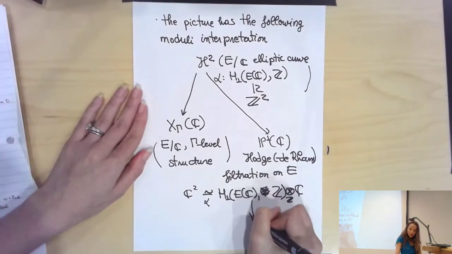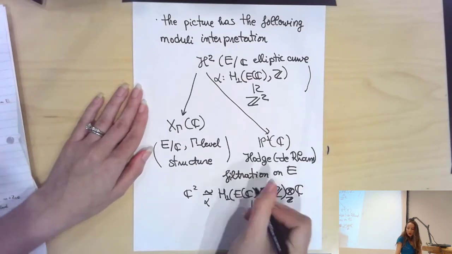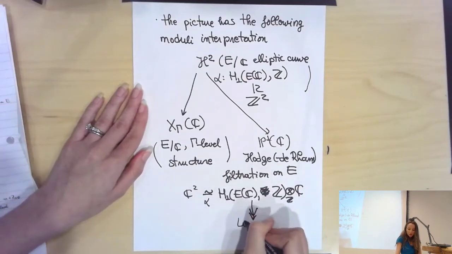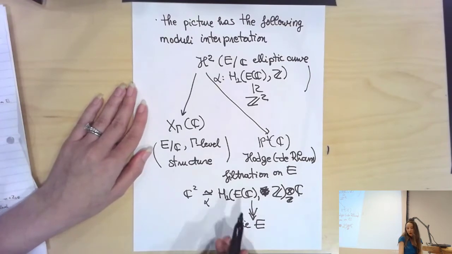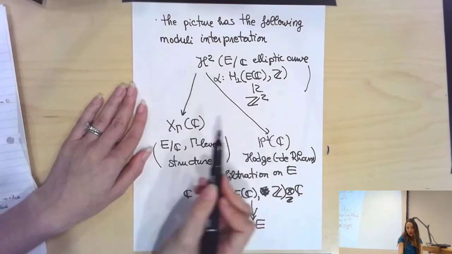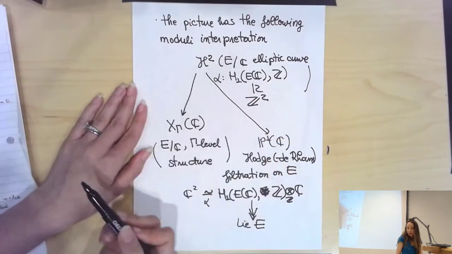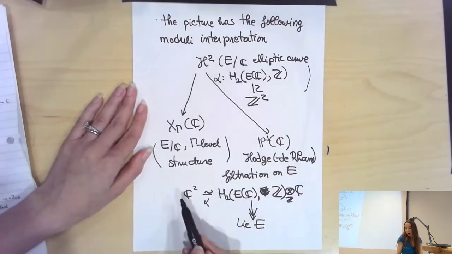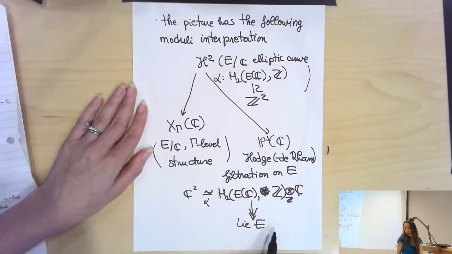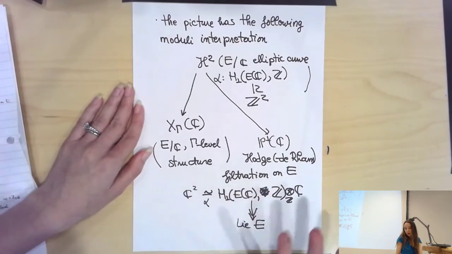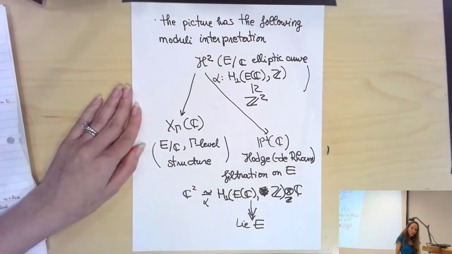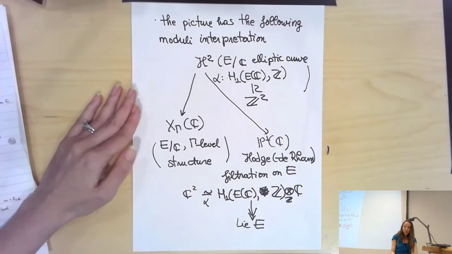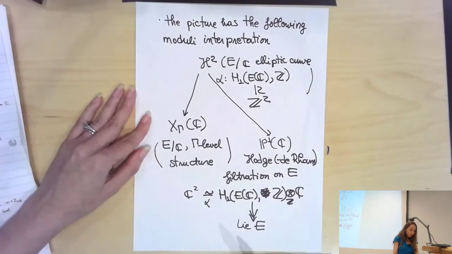And the filtration part of it you can remember as the surjection of this onto the Lie algebra of E. And so you can think about this map as taking E together with this trivialization to this line. I guess that's a quotient of C squared. If you work dually, you would see a sub. So a line in a two-dimensional complex vector space, which is what this flag variety parameterizes.